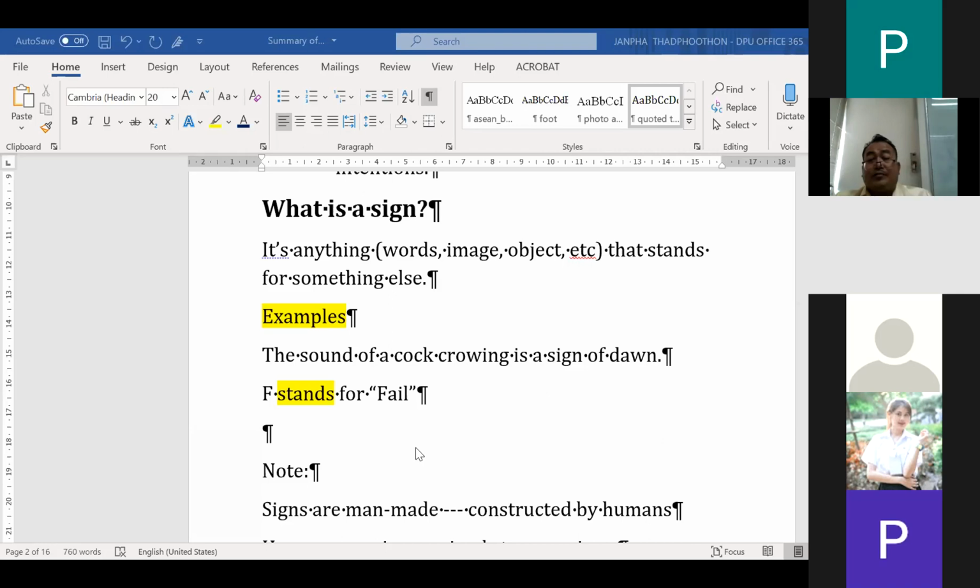I will send you the file on my computer. Let's see. Okay. Anyway, just to check on you.